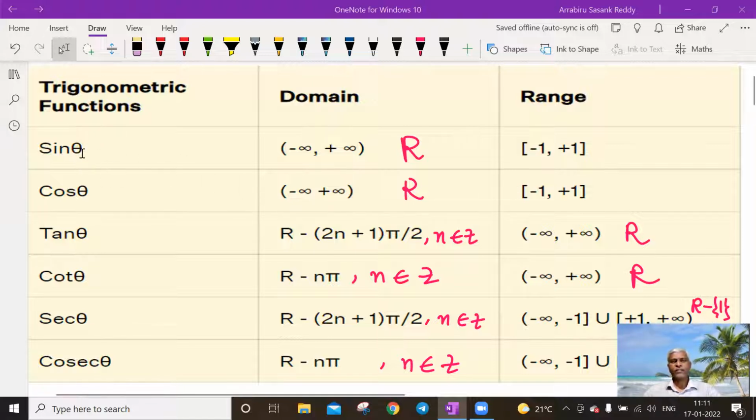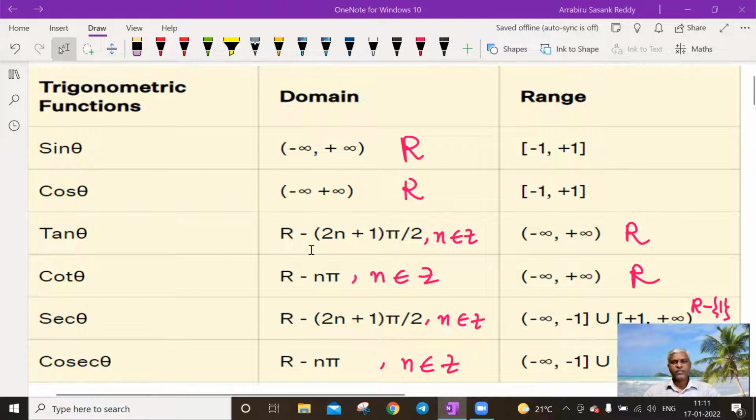And the domain, the theta can take any number. Theta belongs to set of real numbers. So domain is set of real numbers. That angle can be any real number. So for sine and cos, this is the domain and range.